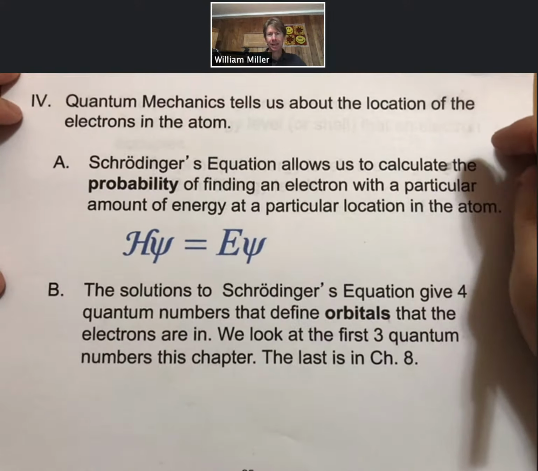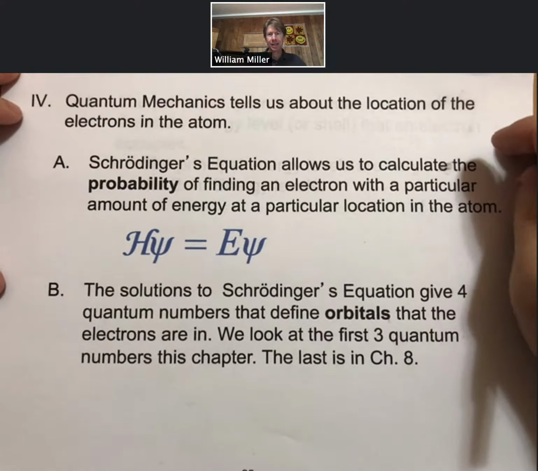And typically, the number of m sub L values is equal to the number of orbitals in a sublevel. Okay. So those are the three quantum numbers we're going to deal with in this lecture outline.